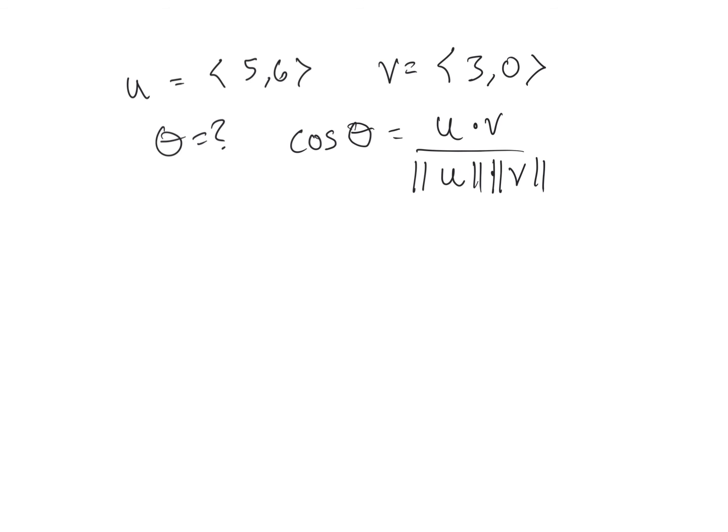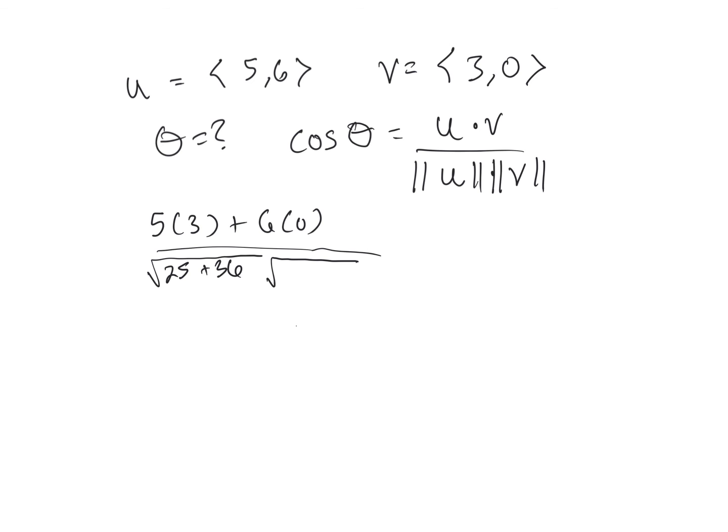On the top, u dot v gives me 5 times 3 plus 6 times 0, which is 15. On the bottom, the magnitude of u is the square root of 25 plus 36, and the magnitude of v is just 3.